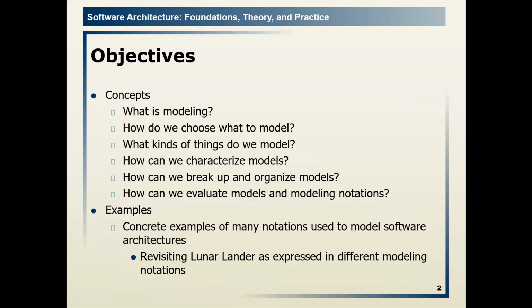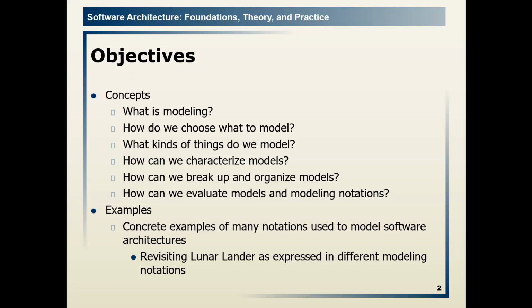So the objectives of this lesson are: we are going to look at what modeling is and how we choose what to model, what kinds of things we model, and how we can characterize models. Then how can we break up and organize models? And how can we evaluate models and modeling notations? So at the end, we are going to compare different models, and you should know how to select from among the various types of models.